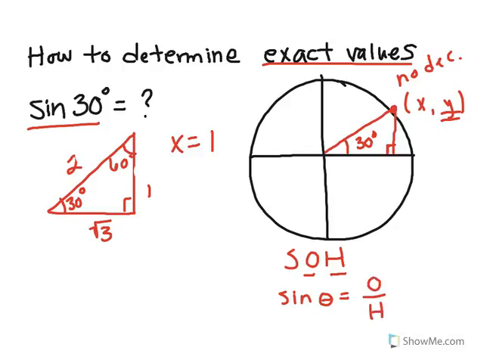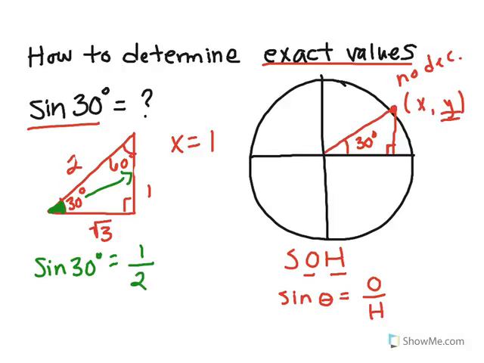In this particular case, this is the sine of 30 degrees, which happens to be right here. So the side opposite the 30-degree angle would be this side over here, which is 1. So I'm going to write that down. The sine of 30 degrees is equal to 1 over the hypotenuse of this, which would be 2.